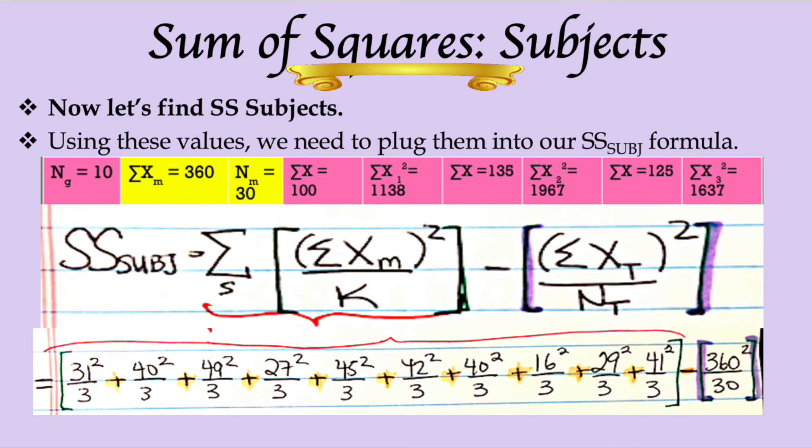So basically what that means is we're going to have 31 squared over 3 plus 40 squared over 3 plus 49 squared over 3, etc., for all of the 10 participants. Once you do that and you add those together, we are then going to subtract that from the total sum of x of all of the participants combined, which is 360 squared divided by 30.